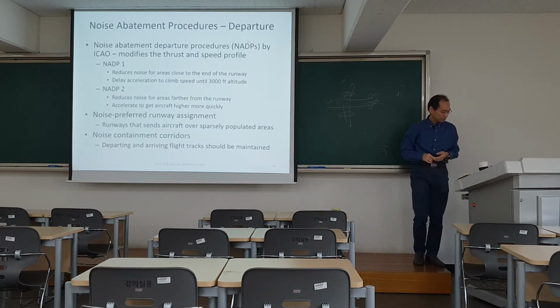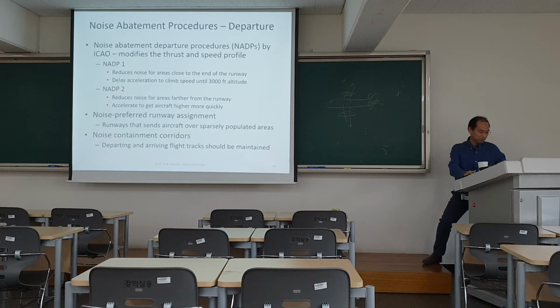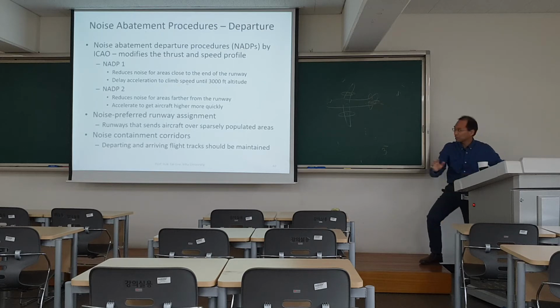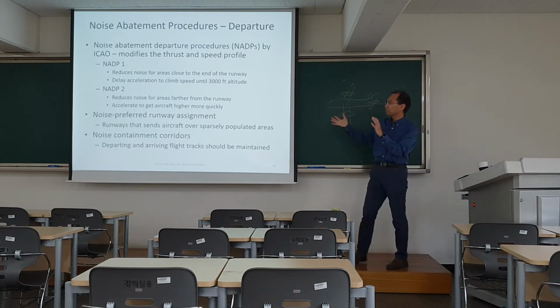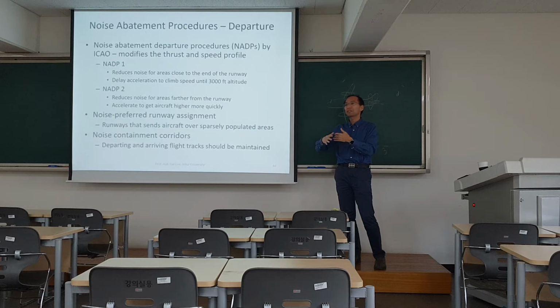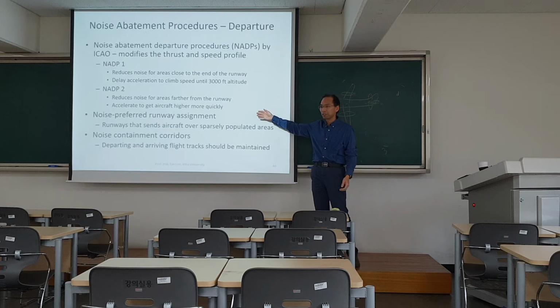The second one, noise abatement departure procedure 2, is to reduce noise for areas farther from the runway. In this case, the populated area is slightly away from the runway, so what you want to do is go as high as possible, as fast as possible, to get far away from that area quickly.